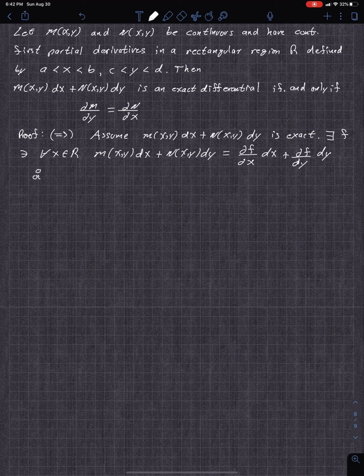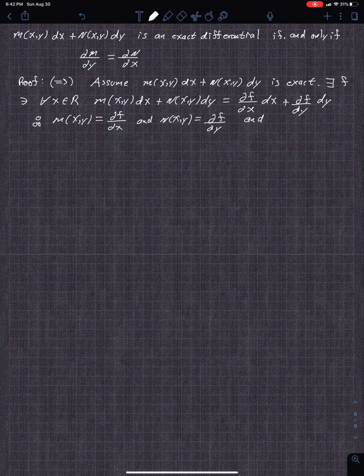Therefore, M(x,y) is equal to partial f with respect to x, and N(x,y) is equal to partial f with respect to y. And what you do next is you differentiate again. Now take the partial again of M, and we'll show it's equal to N's partial.